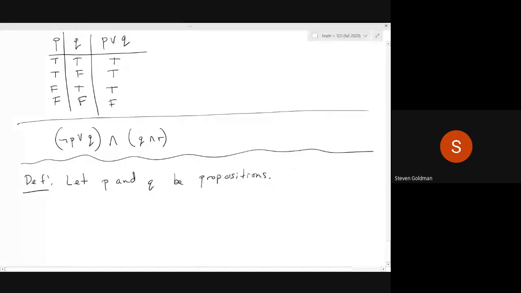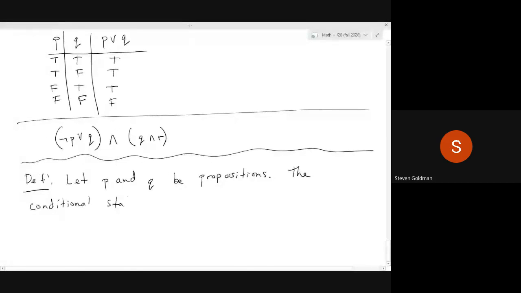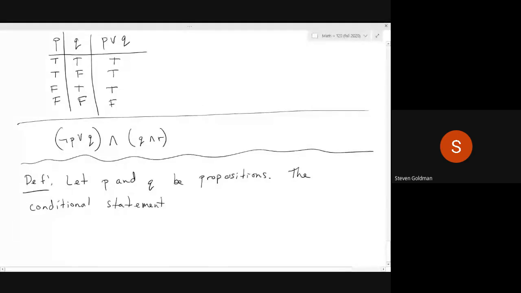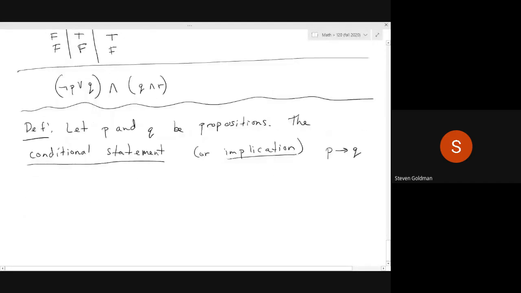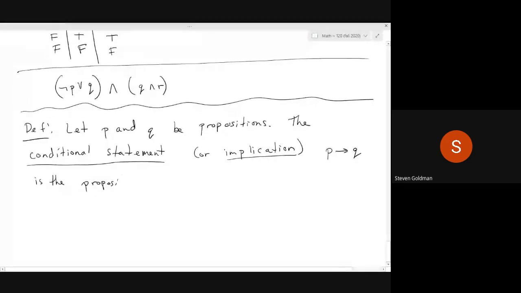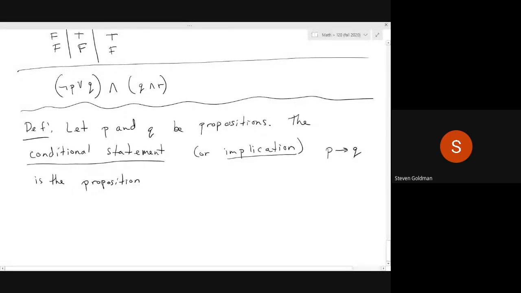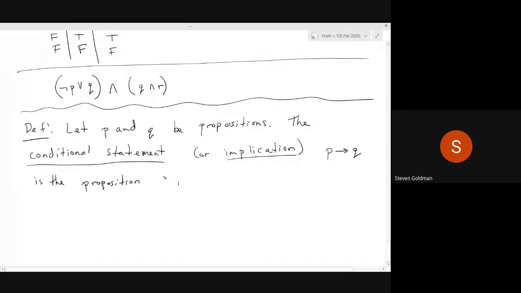The conditional statement or implication, as it's sometimes called, written this way, so that's a P with an arrow pointing at Q, is the proposition if P then Q.